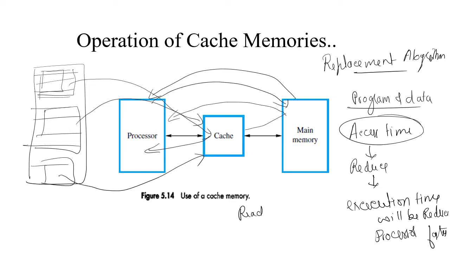Since the cache memory is much faster compared to the main memory, the transfer of data takes place between the cache and the processor at a much higher speed. This is how the cache memory helps in increasing the speed of execution of the instructions.